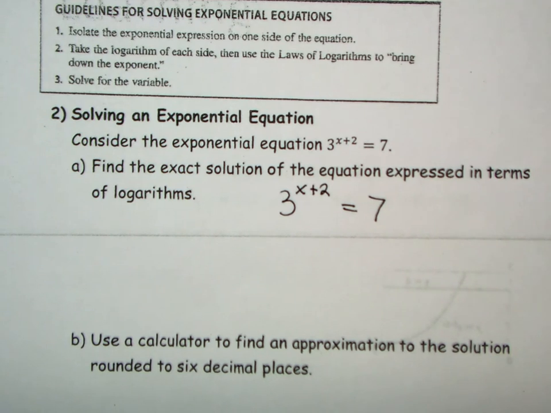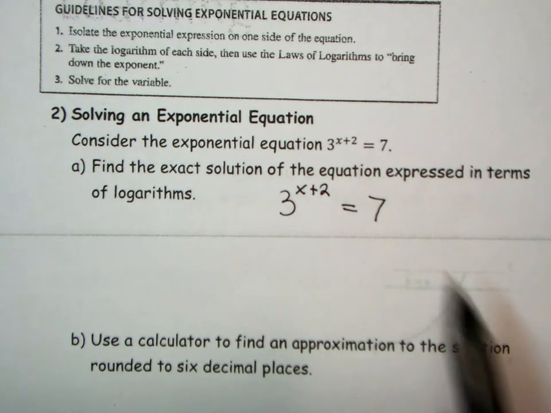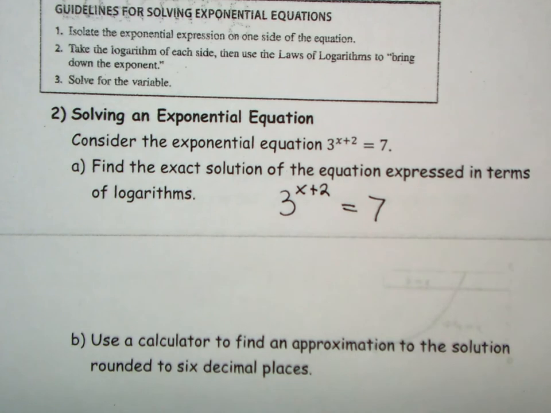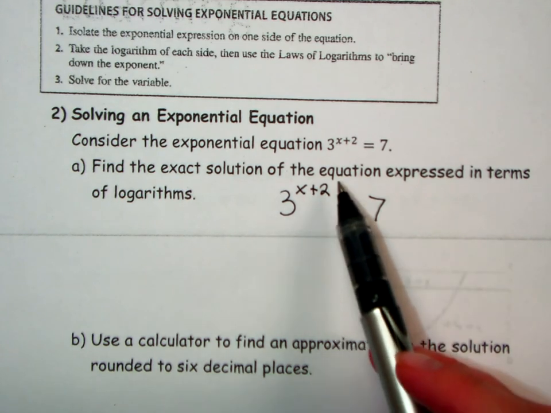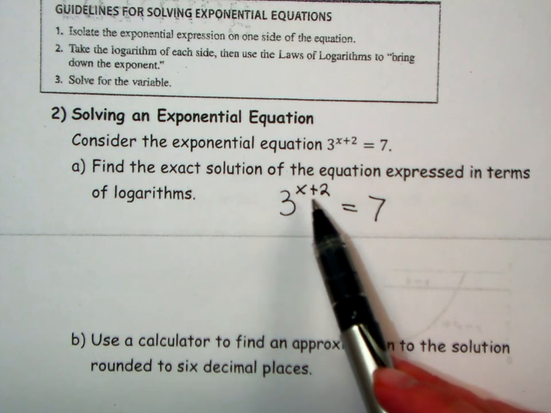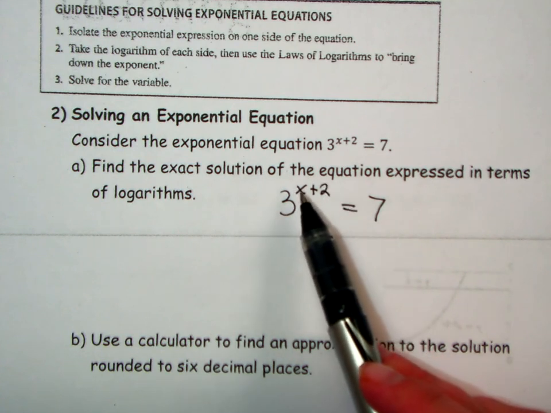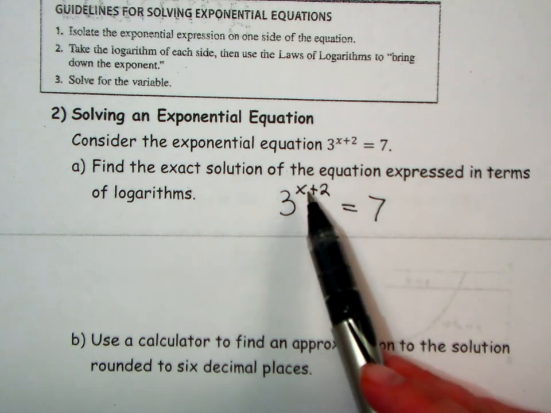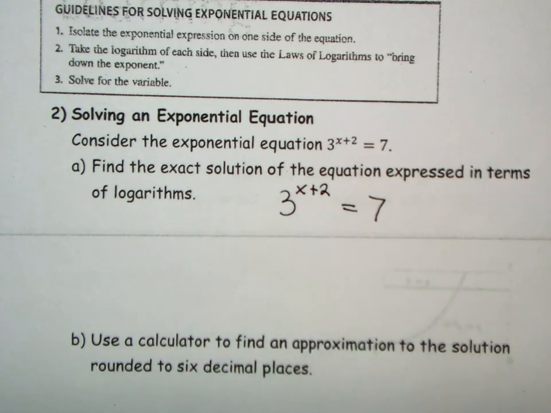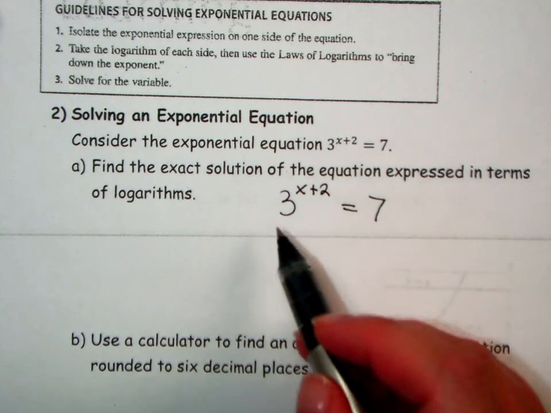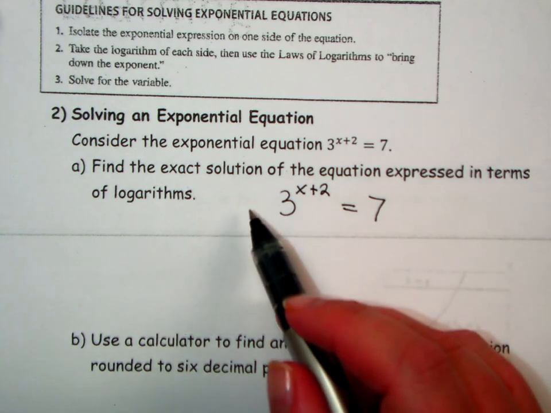Let's first find the exact answer. We want to solve for x, but x is in the exponent, and we can't solve for x when it's in the power. So we need to bring this x down onto the main line, and we're going to use the third law of logarithms. I'm going to take ln of both sides.